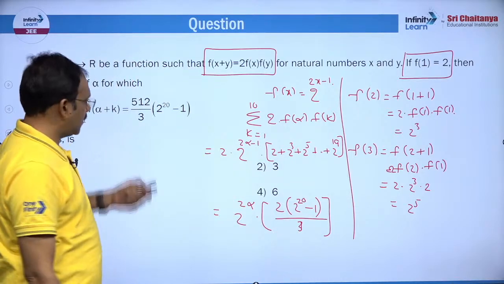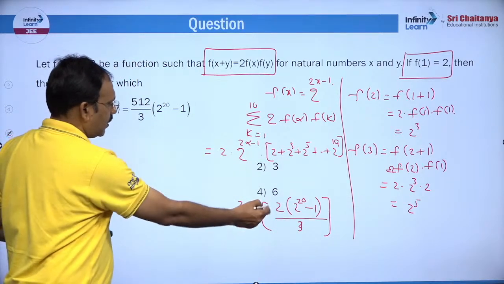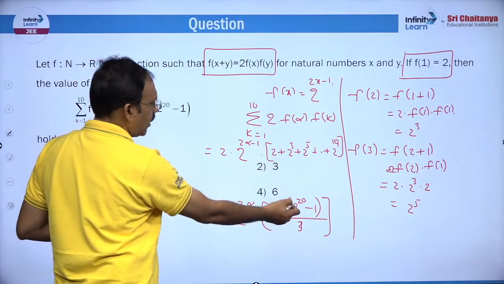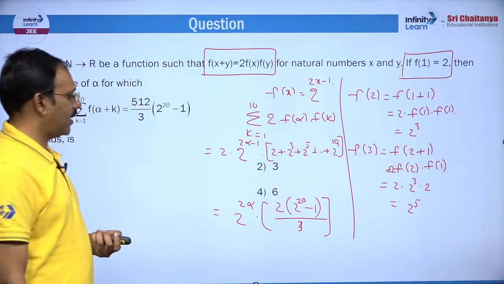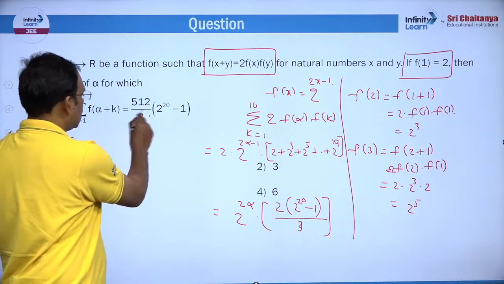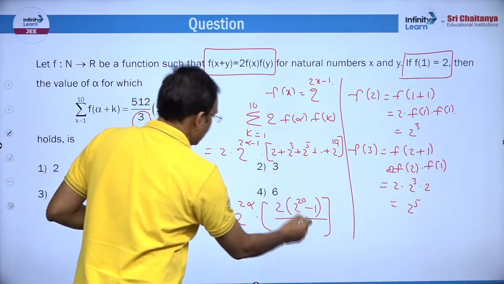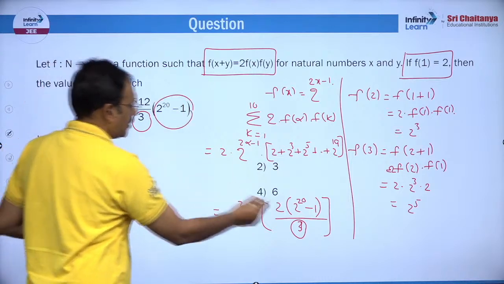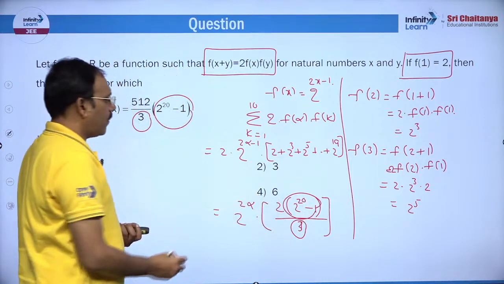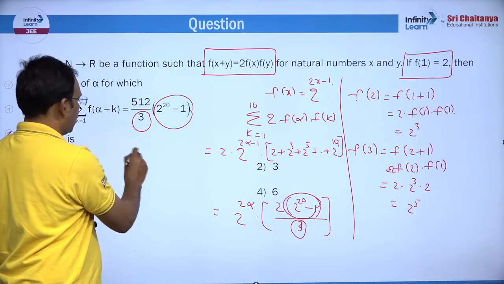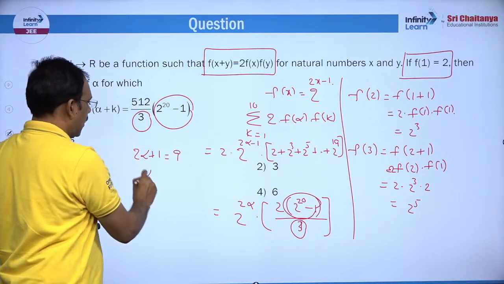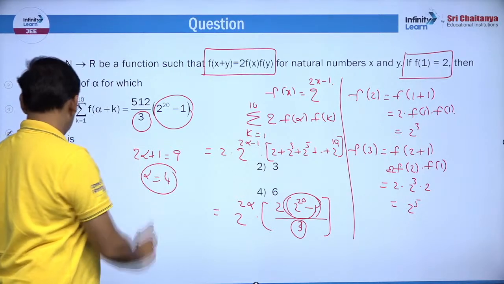Now you compare this with 2 power 20 minus 1, you can just see here first term is 2, a into r power n minus 1 by r minus 1. You see this 3 fits here, right. Then 2 power 20 minus 1 fits here. So 2 power 2 alpha plus 1 is left. 2 alpha plus 1 is 9, so alpha is going to be 4, that is all.